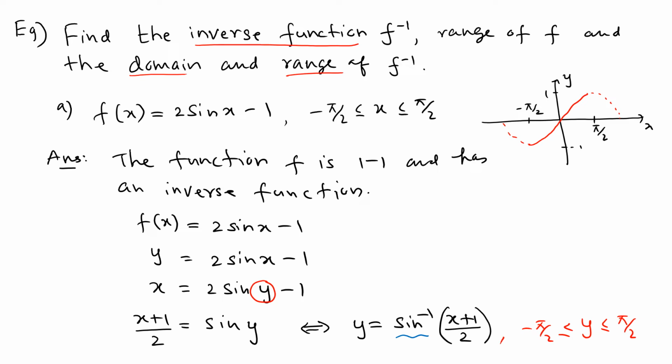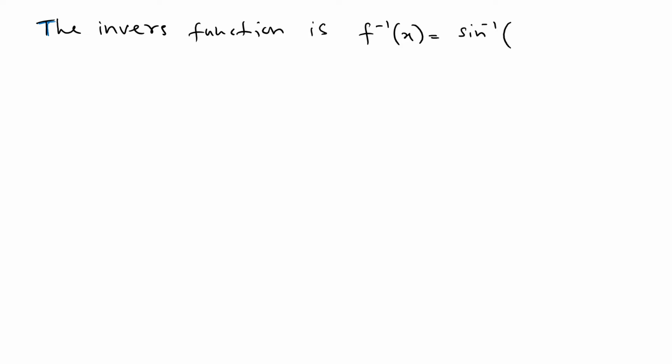Now we can write the inverse directly using the inverse notation. So the inverse function is f inverse of x equals sine inverse of x plus 1 over 2.